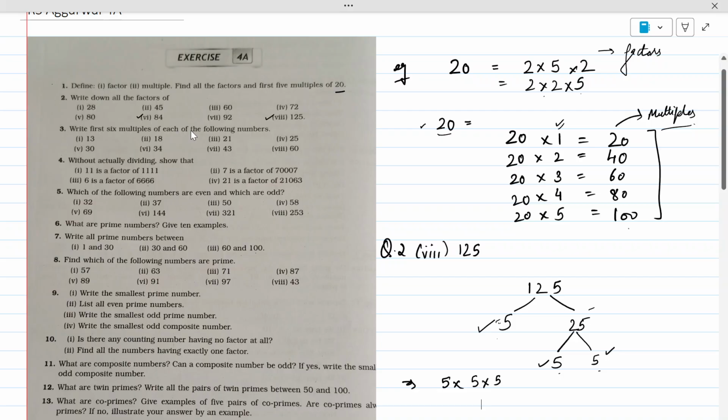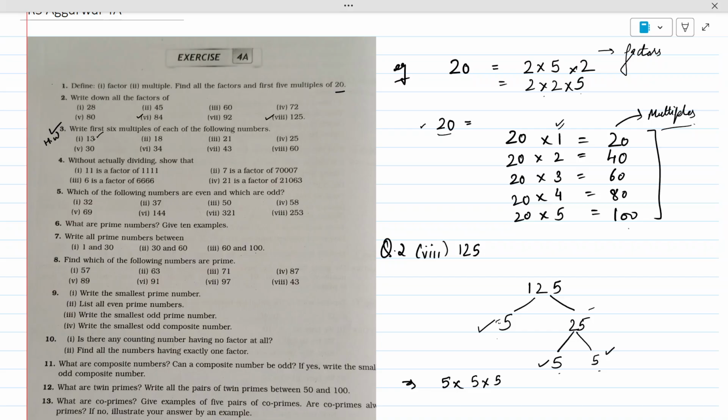Write the first 6 multiples of each of the following numbers. So kids, this question I'm marking as homework. This is very easy, like how I have done it for 20. I have found the first 5 multiples, and if you have to find the first 6 multiples, you have to take this number.